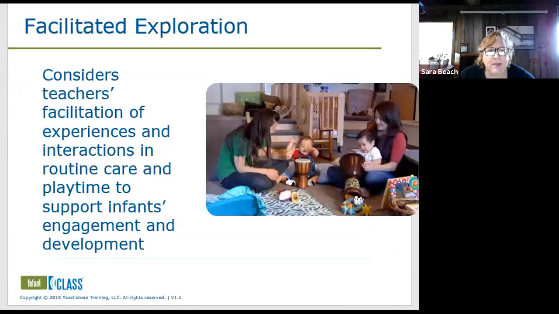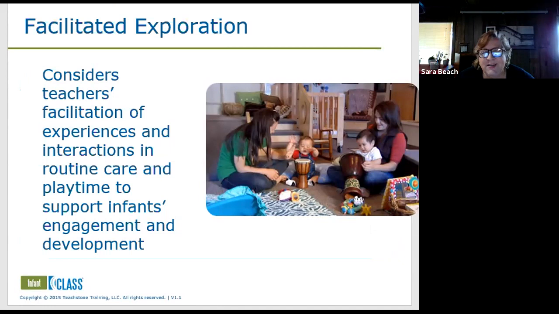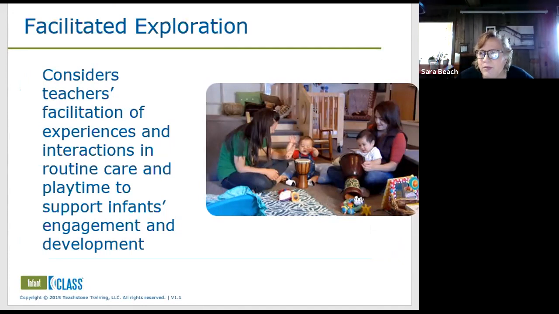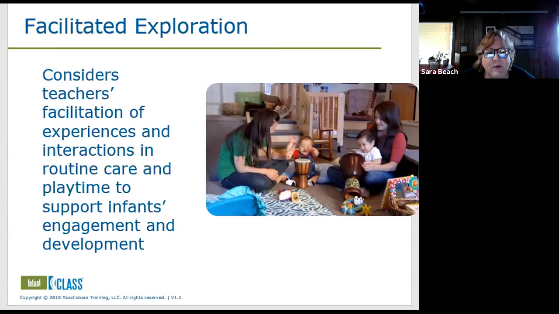All right, the third dimension is facilitated exploration. This is a fun one because it gets at helping babies to learn through their active exploration of the world. So it considers teachers' facilitation of experiences and interactions in routine care and playtime to support their infants' engagement and development.